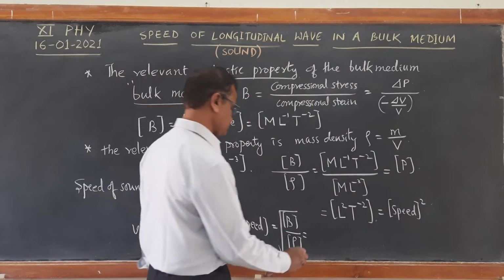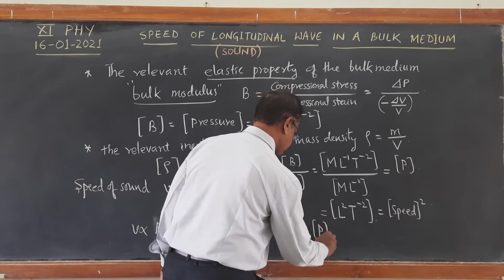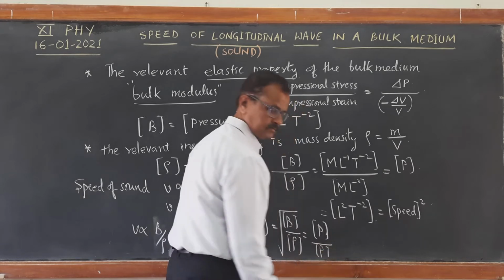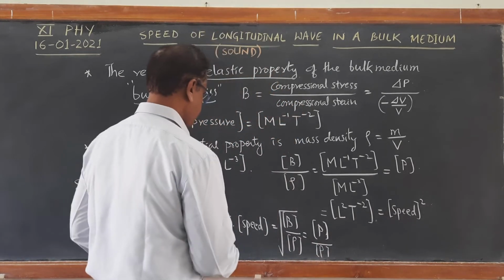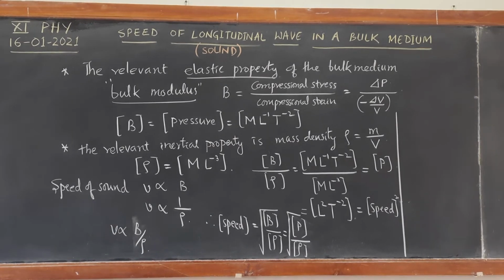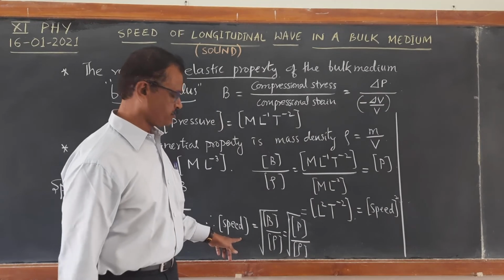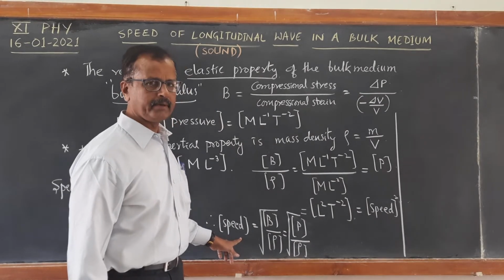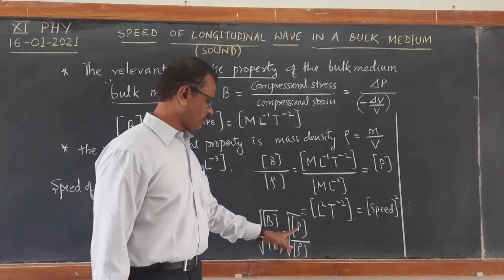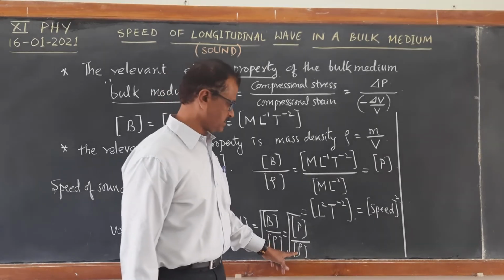So I write it as dimension of pressure divided by dimension of rho. Therefore, we get finally the dimension of speed of sound, or speed of longitudinal wave in a bulk medium like solid, liquid or gas, as the square root of dimension of pressure divided by dimension of density, mass density.